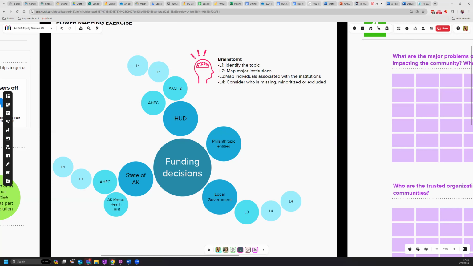In Fairbanks, our local government doesn't fund housing. And our borough doesn't fund housing. So maybe every other place but Fairbanks, that would make sense.